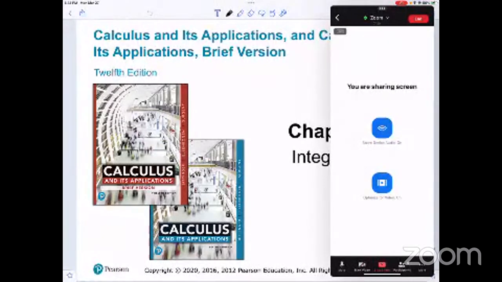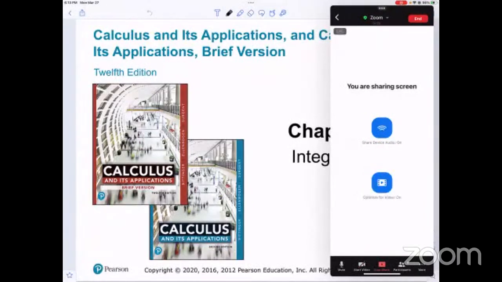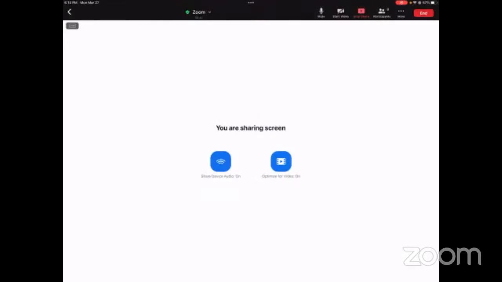I restarted it before class. My whole intent was for the stream not to be an issue, and it still is an issue. Let me see if I go full screen, optimize, and I think if I go like this, that helps.